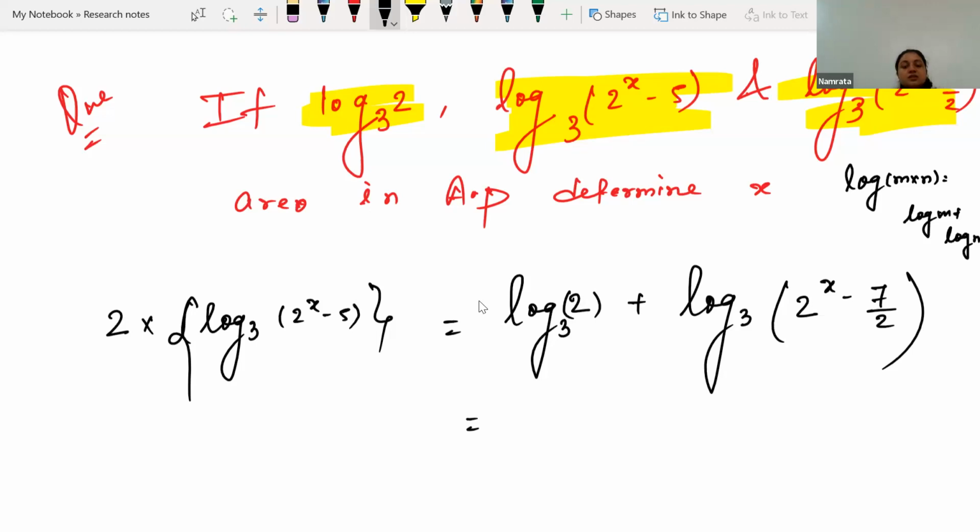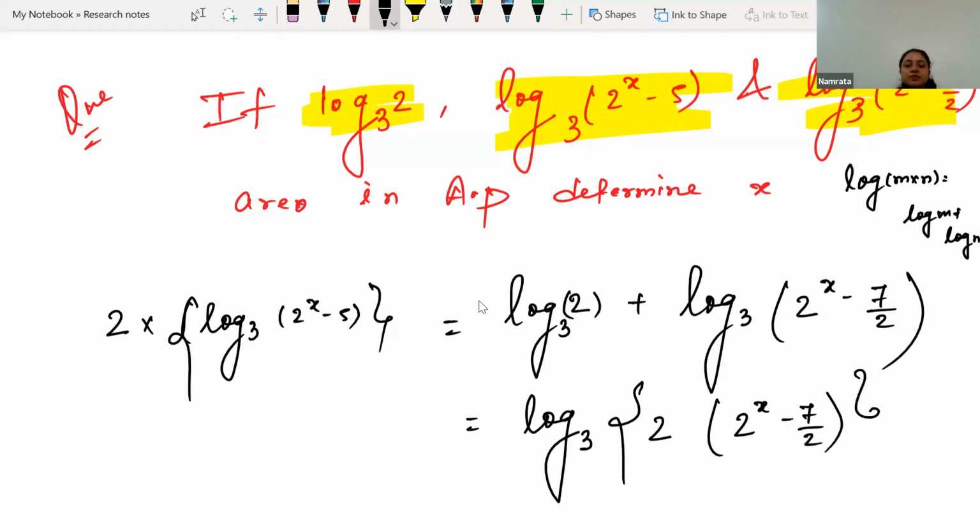Okay, so let's multiply them because both are in addition. So 2 times 2 to the power x minus 7 by 2. Here we are having this, and this we can write as a power. Yes or no? Yes, ma'am. Let's write it.